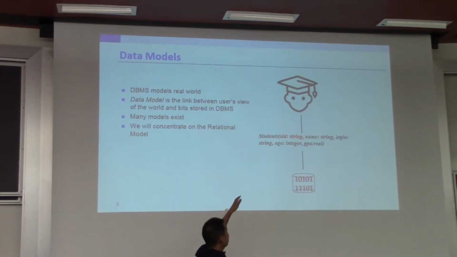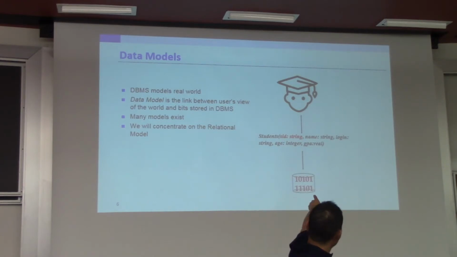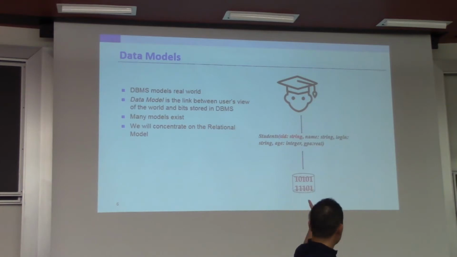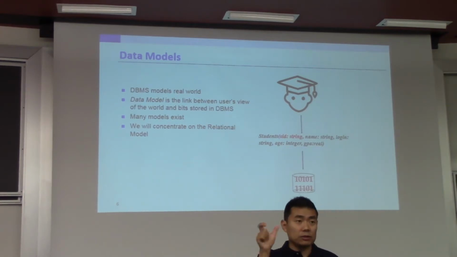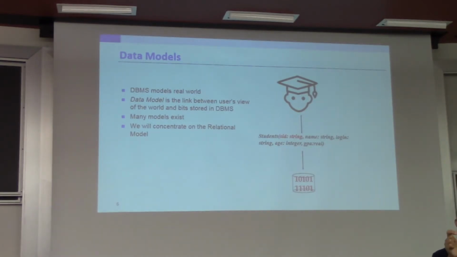And the simplest form of the relational model is to understand it as a table. For example, there is a student table on the right-hand side in this slide, where you have the name of this table, which is student. And then you have a list of attributes and type information for each attribute of students in that student table.